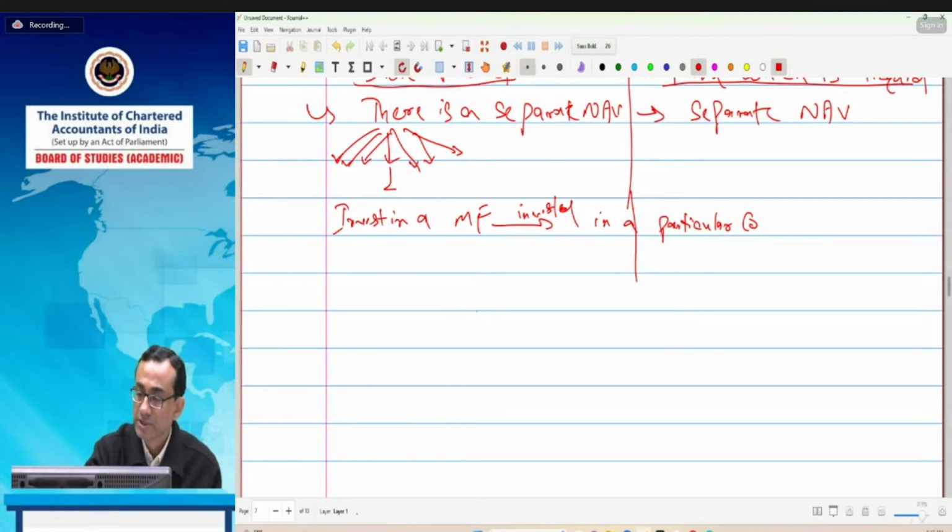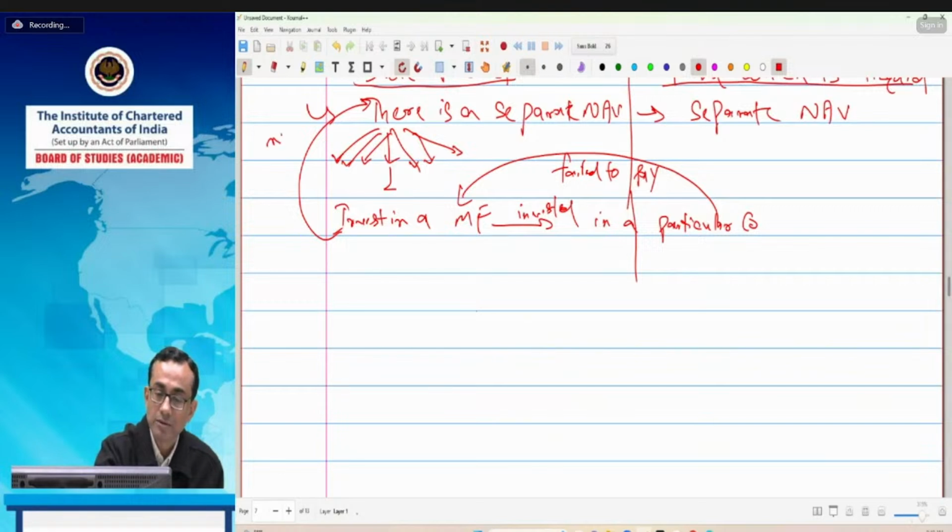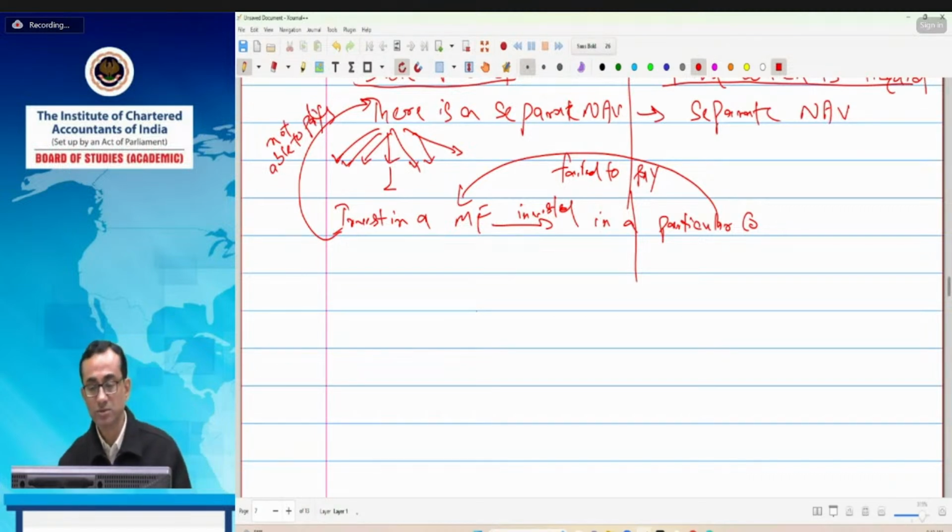But that company failed to pay the amount. Since that particular company failed to pay, the mutual fund is not able to pay the investors. So in this case, for example, it has invested in ABC Limited.